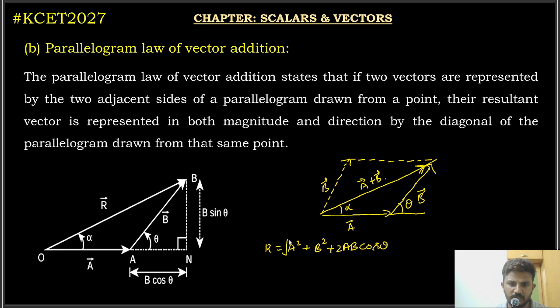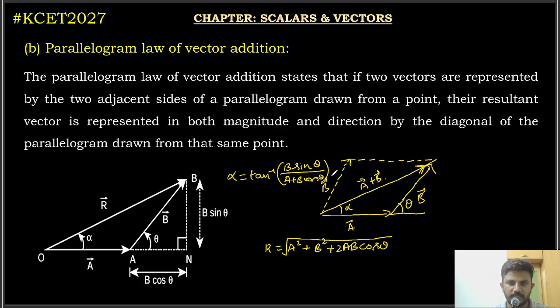And alpha is given by tan inverse of B sin theta divided by A plus B cos theta. That is the value of alpha here.